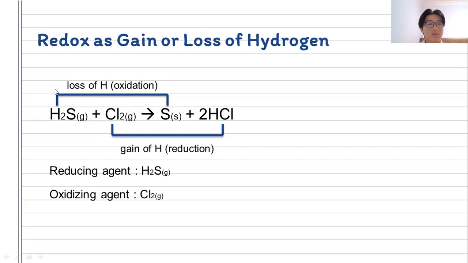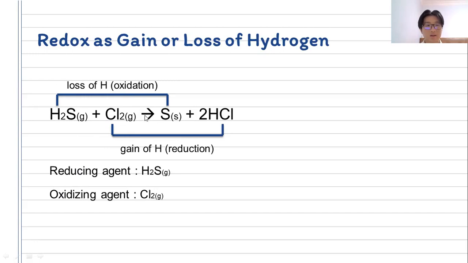The loss of hydrogen results in oxidation. Then, for the loss of hydrogen, we can see that the reducing agent is H2S. Notice that oxidation correlates with the reducing agent. So H2S is the reducing agent because it lost hydrogen.